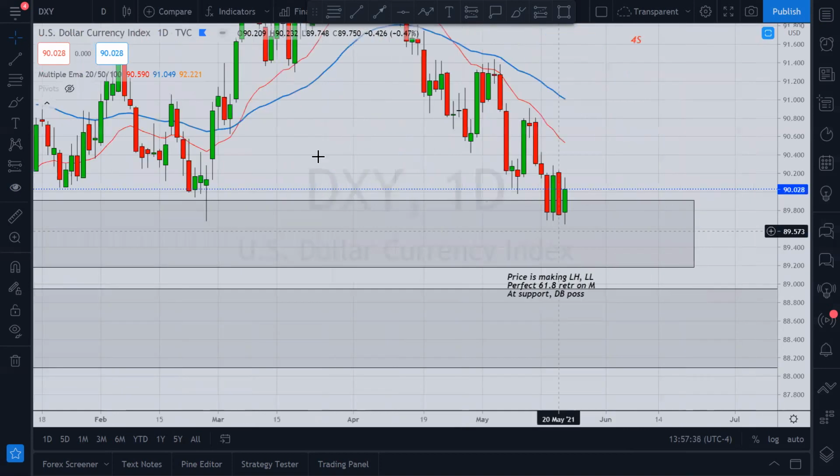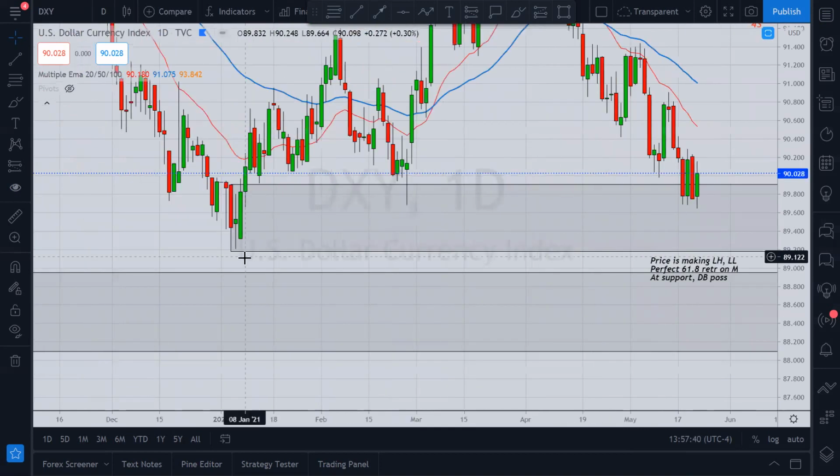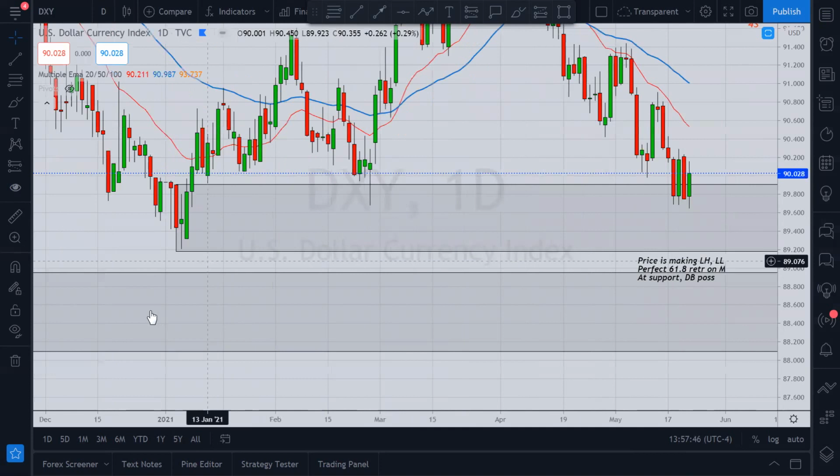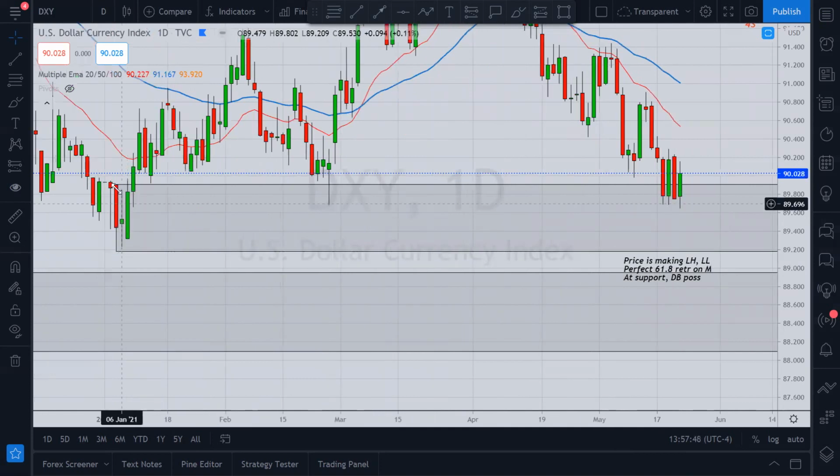The reason I have this gray box here is because it is an area of demand, a demand zone, if you will. The way I have it marked is the last down candle before the up candle, from top to bottom and out.